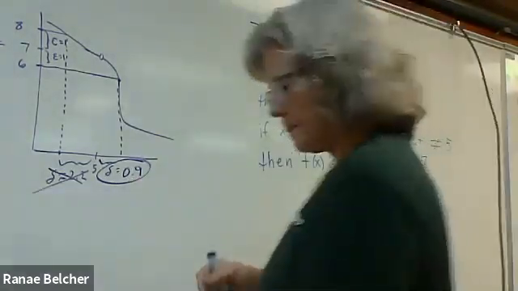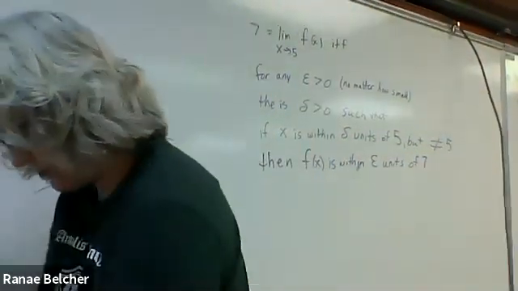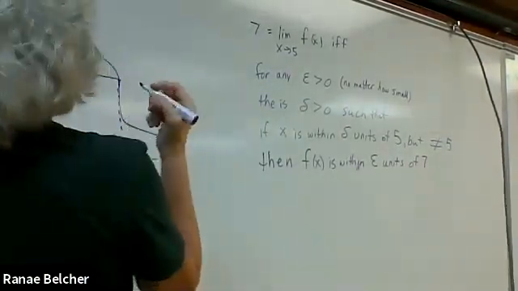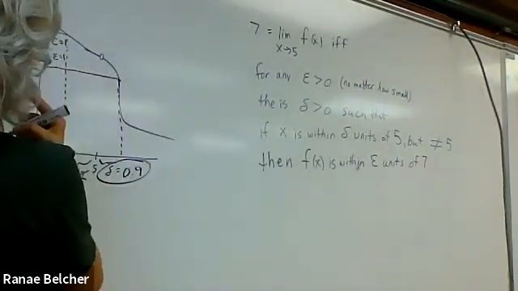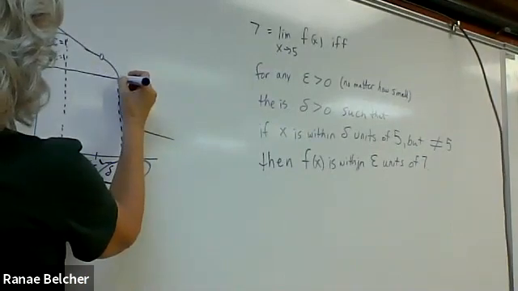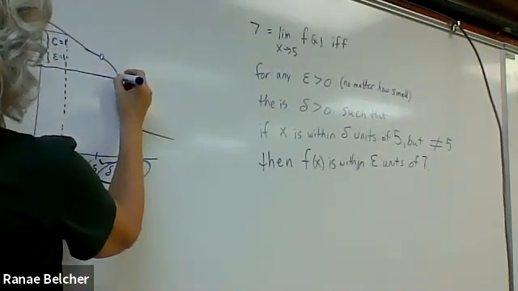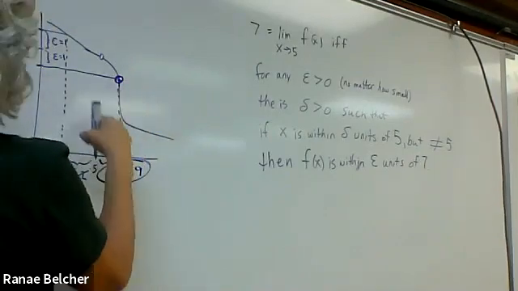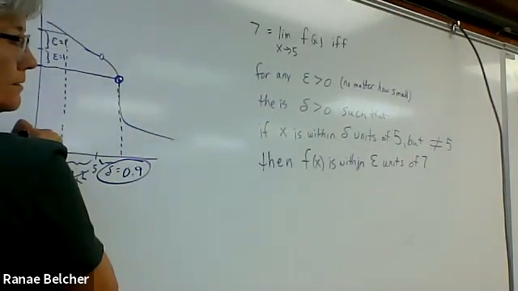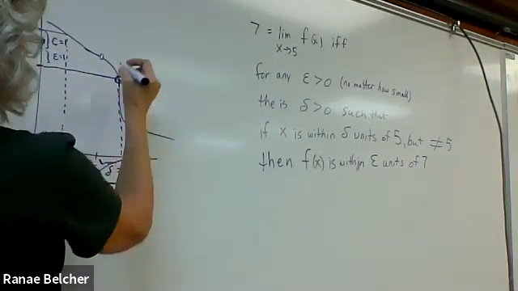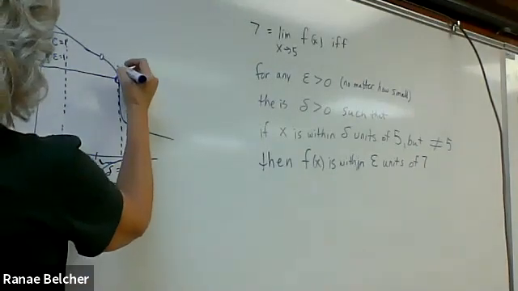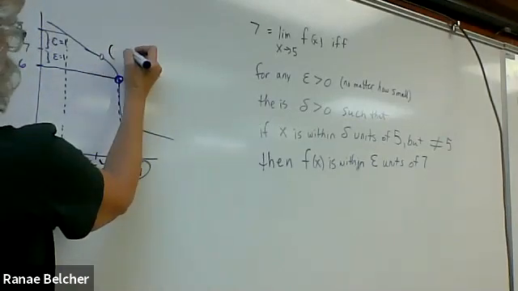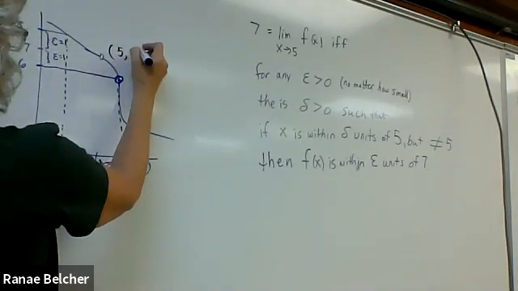And so let me show you what it looks like. Let me draw this over here. Okay, so this point here is as far away from 5 and 7 as we want to get, right? And if this point is, that really isn't a point, but if it were a point, it'd be 5, 7, right?